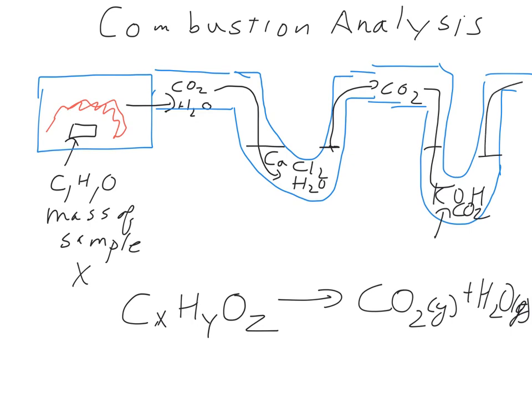So if you weigh the potassium hydroxide before and after setting your sample on fire, you can get your mass of carbon dioxide produced. So you can see it's really easy using a pretty basic instrument. I mean, you could jury rig one of these things very, very easily to calculate the amount of water and carbon dioxide produced from combusting a sample.